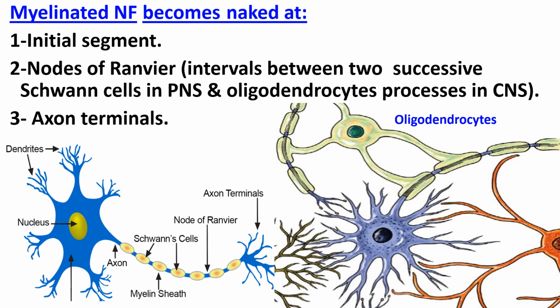It is the interval between two successive Schwann cells in the peripheral nervous system and oligodendrocyte processes in the central nervous system. The third area, not covered by myelin sheath, is the axon terminals. The axon terminals have no myelin sheath.